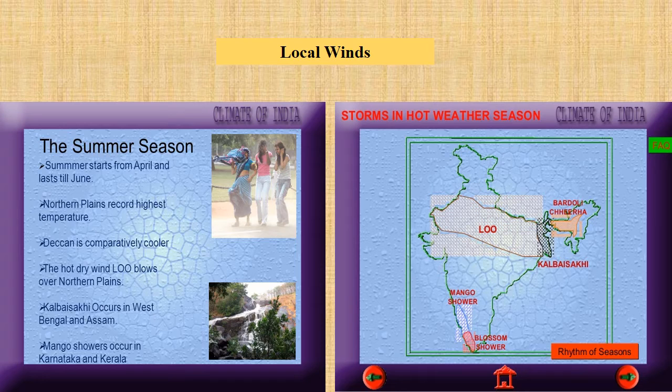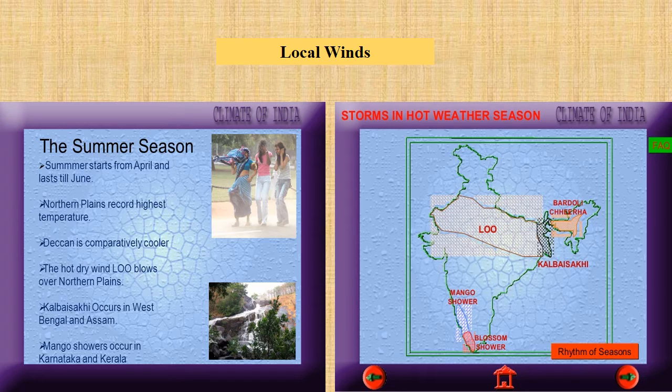This slide talks about again the local winds. The map to the right hand side of the screen has the map showing the local winds. So you can see Loo is covering the major northern plains of our country and some parts of Gujarat and Rajasthan are also covered. Then we have Bardoli Chherha in Assam and Kal Baisakhi in West Bengal.